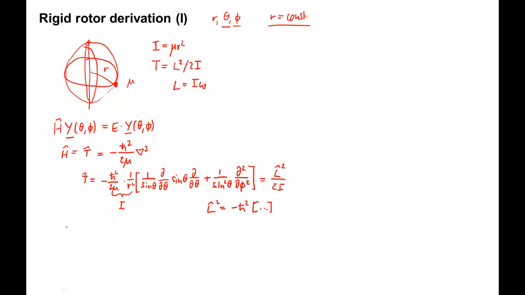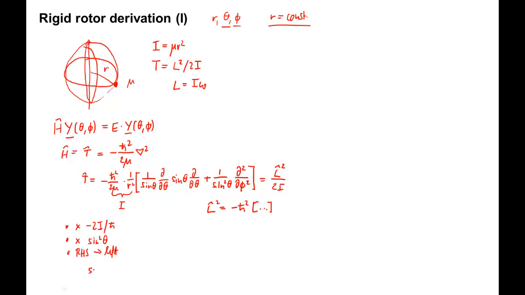Okay, next let's insert the expression into the Schrodinger equation. We'll perform a few transformations on the fly. First we're going to multiply by negative 2I over h bar squared to remove the prefactor. Then we're going to multiply by sine squared theta to remove the denominator, sine squared theta, in the operator itself, and then we're going to move the right hand side to the left.